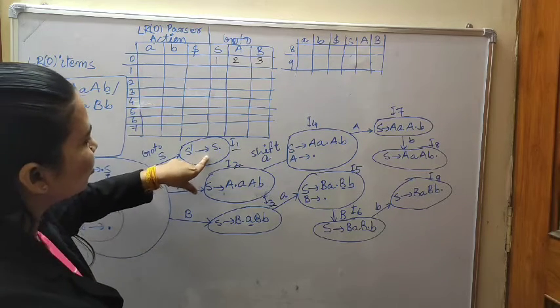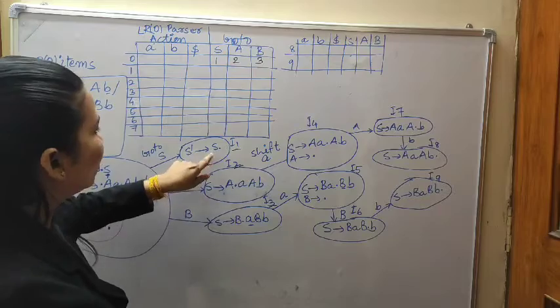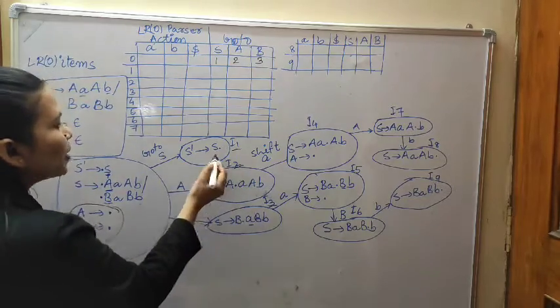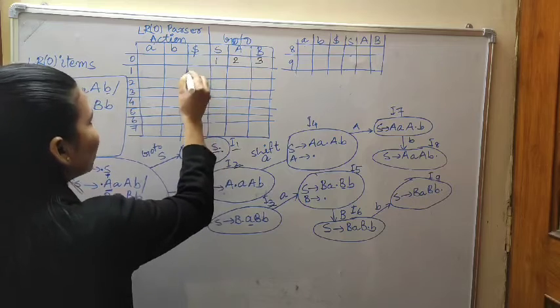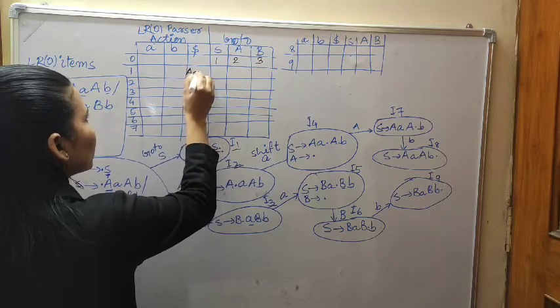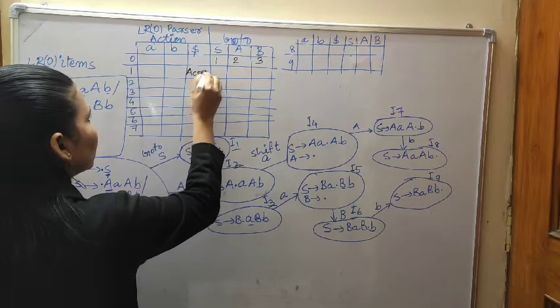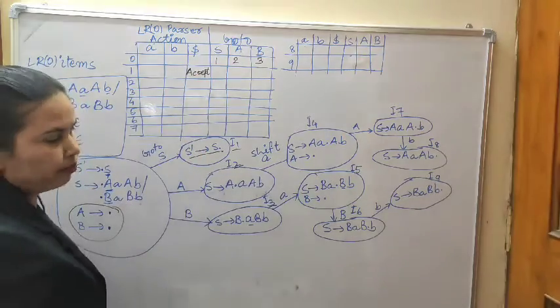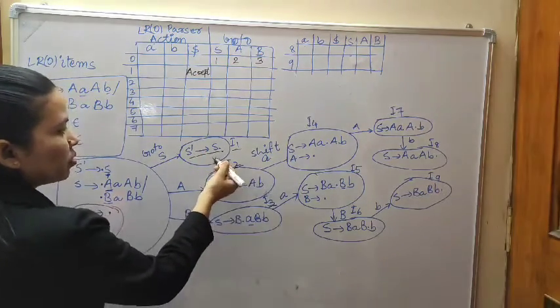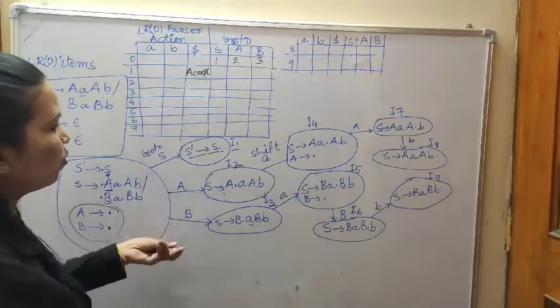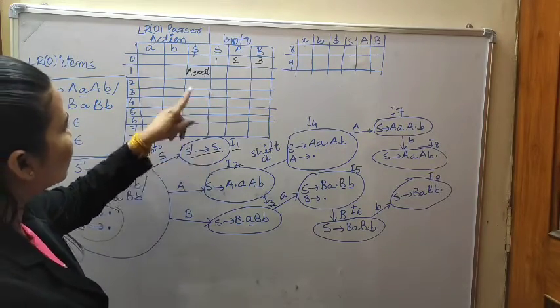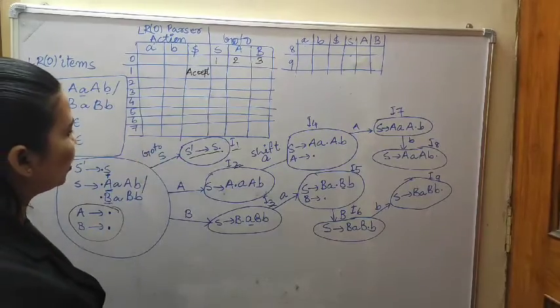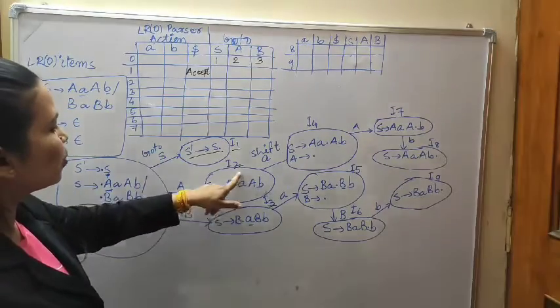From 1 are we going anywhere? No. And it is the augmented grammar, so from 1, in the dollar place, we will write accept. Because of this one, 1 is complete and accepted. Now we will go to I2.